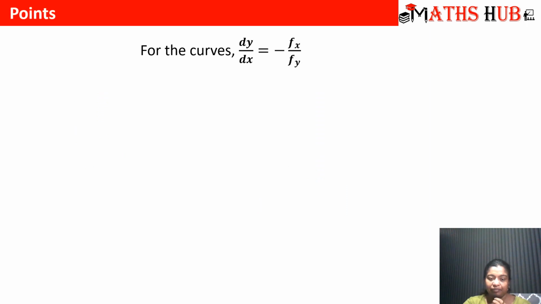Then secondly, we can calculate for the curves the derivative dy by dx. If it is an implicit equation f of x and y and we cannot extract y in terms of x, then we can calculate dy by dx by calculating fx and fy and we put a negative sign in front of it, right? So that is dy by dx.